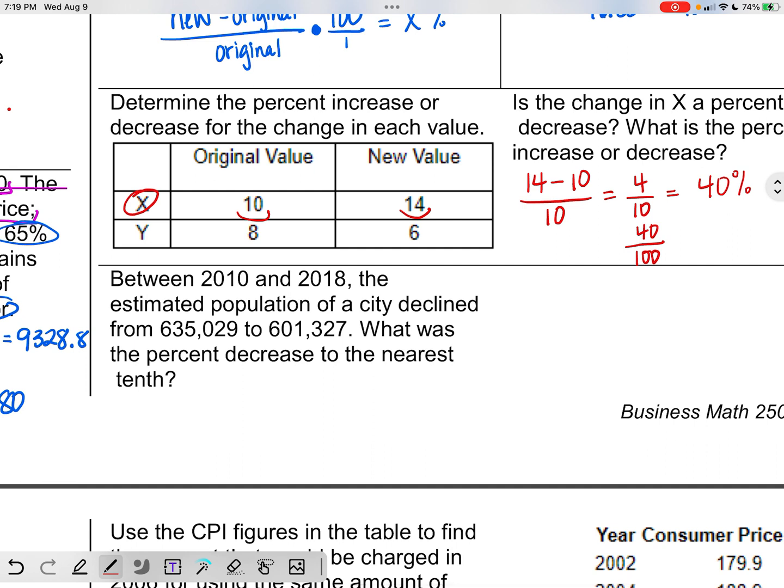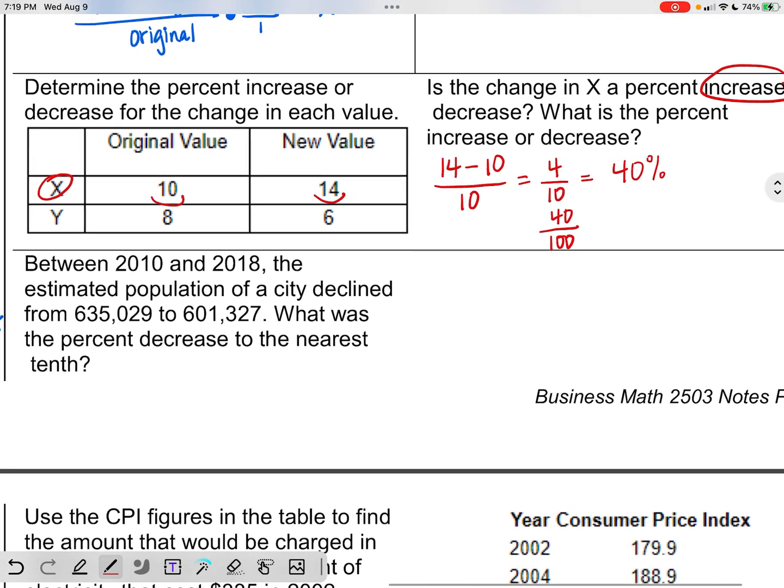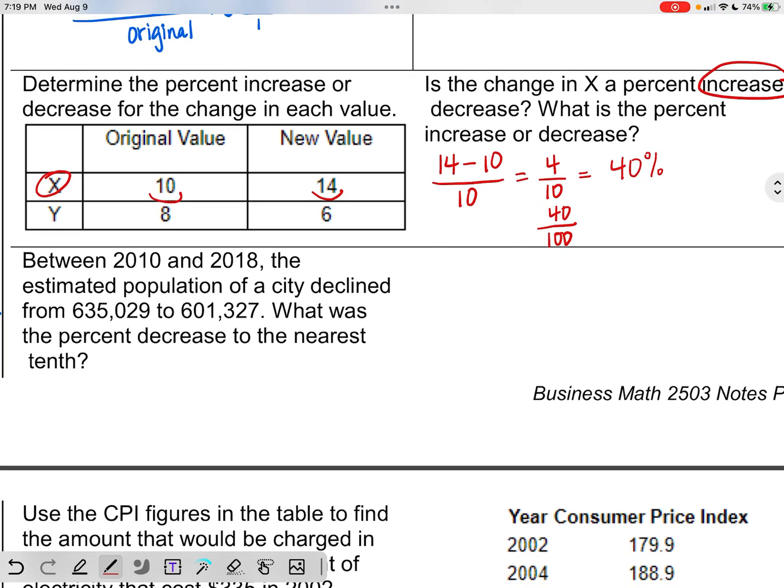Last one. Between 2010 and 2018, the estimated population of a city declined from this to that. What was the percent decrease to the nearest tenth? Okay, so new number minus the old original. So we're going to do the 601 number. Oh, my heavens. Don't do that. 3, 2, 7.